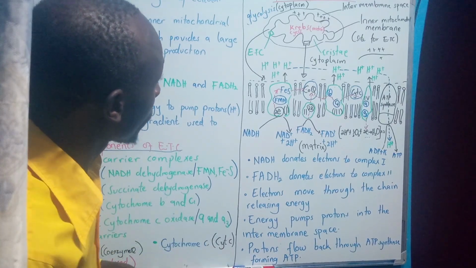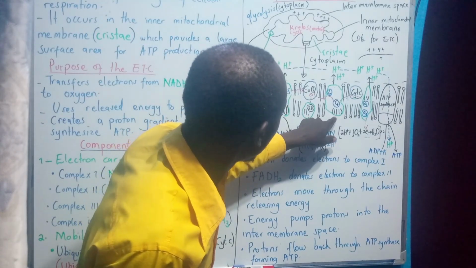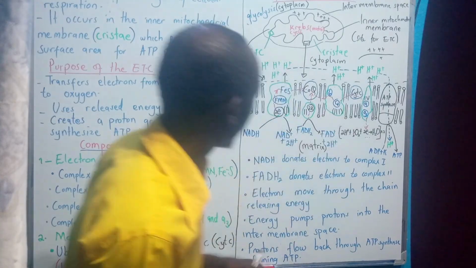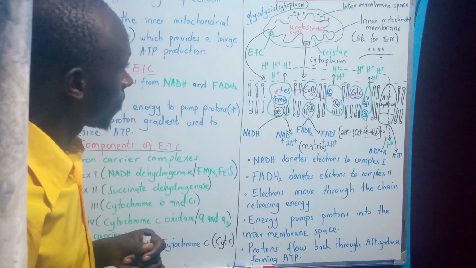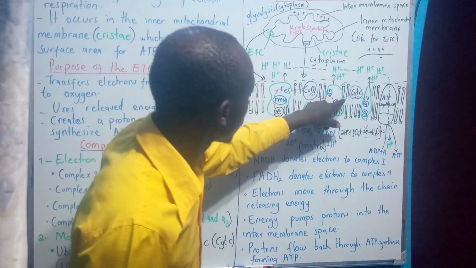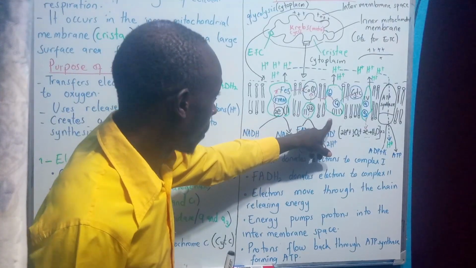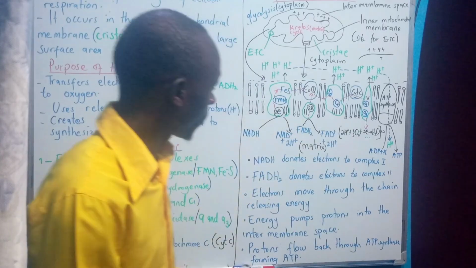So from complex number 3, we are going to have our electrons picked up by cytochrome C. Cytochrome C is a mobile carrier. So it is capable of crossing the phospholipid bilayer, unlike the complexes which cannot cross. So it can just donate the electrons to cytochrome C.